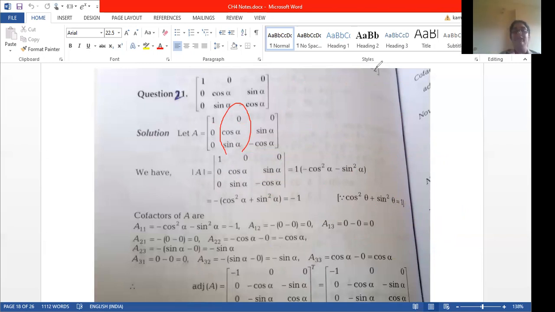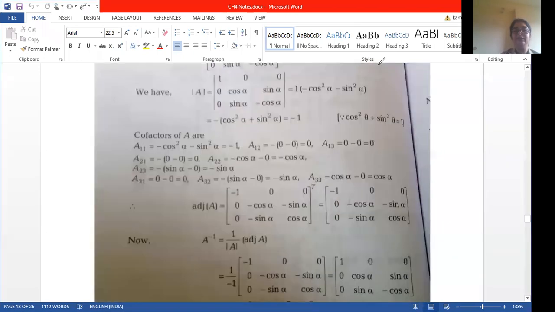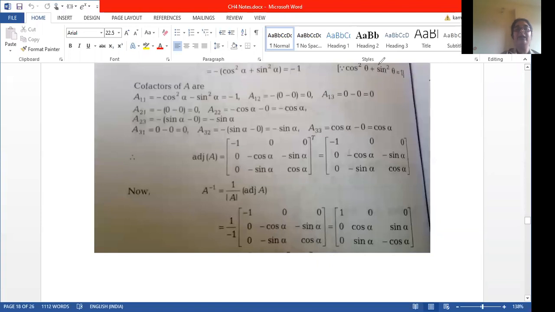Clear? Now, this way you will get the value of adjoint. Again and again we are doing the same type of question so that things should be clear in your mind and you will be able to do the questions. Adjoint of A is what? Put all the cofactors at their places like C11, C12, C13, C21, C22, C23, C31, C32, C33.